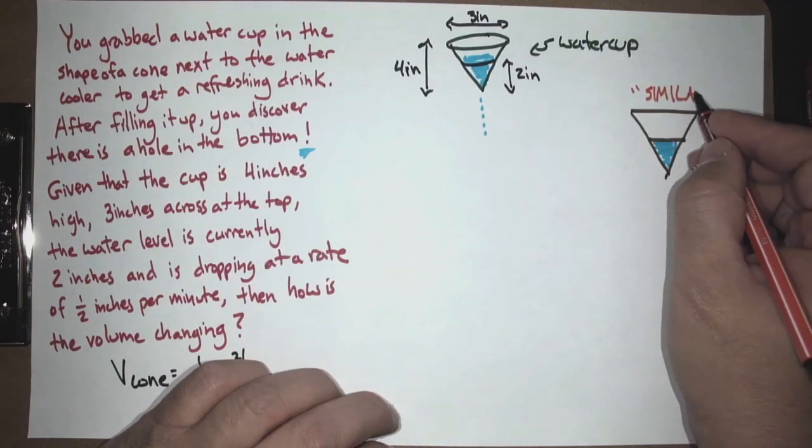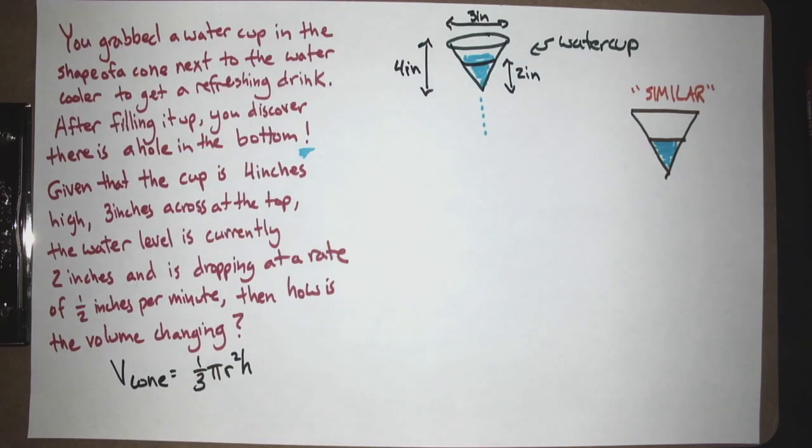When we say two triangles are similar, what does that mean? They're connected by scaling. So if I scale the small triangle, it'll look like the big triangle, and vice versa. I can scale down the big triangle and get the little triangle.